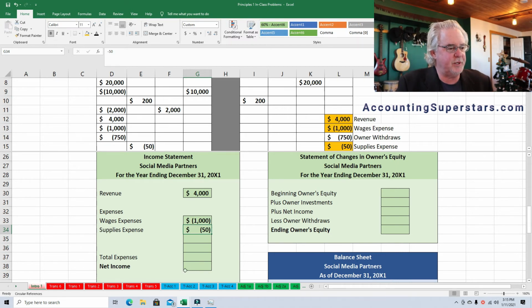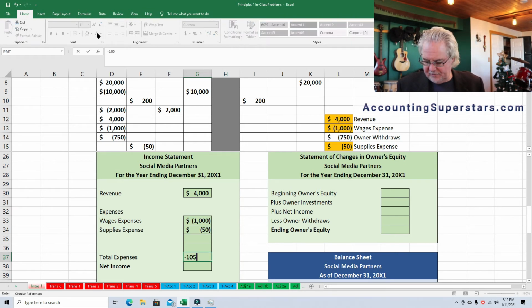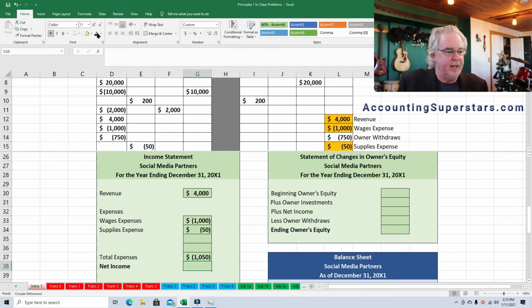And what we'll do is we'll get our total expenses, which is going to be a negative $1,050. There we go. Now the net income is simple. All it is is revenue minus total expenses. And there we have it. So it looks like it'll be $2,950. There we are.